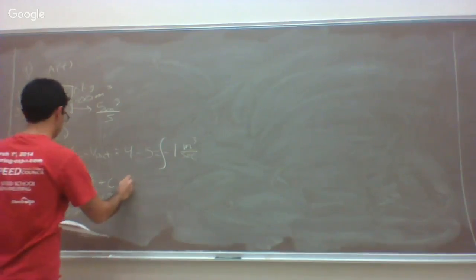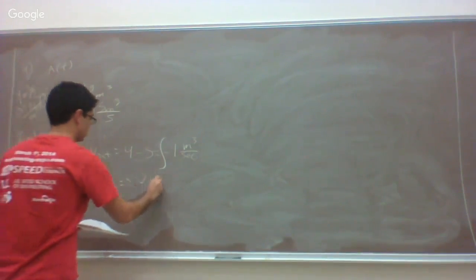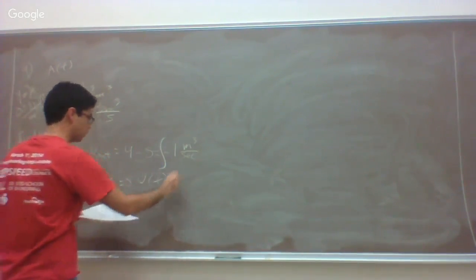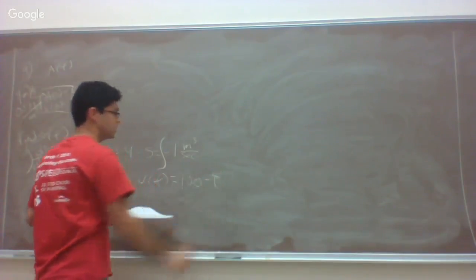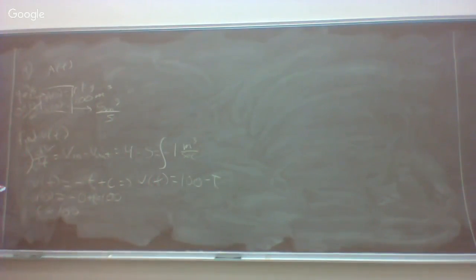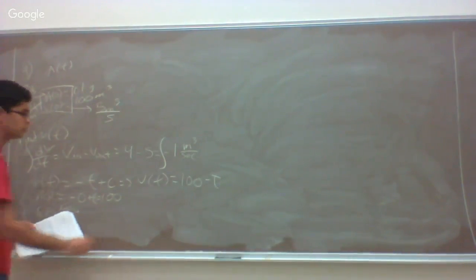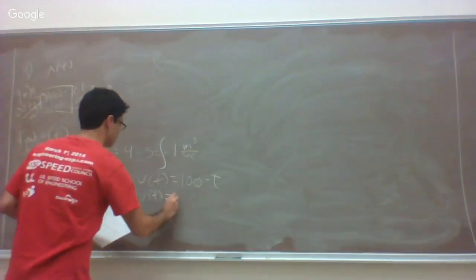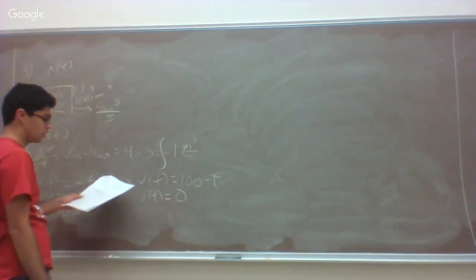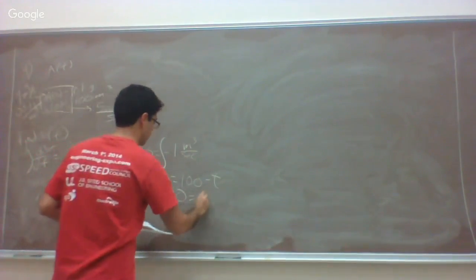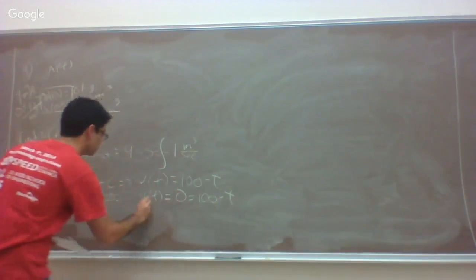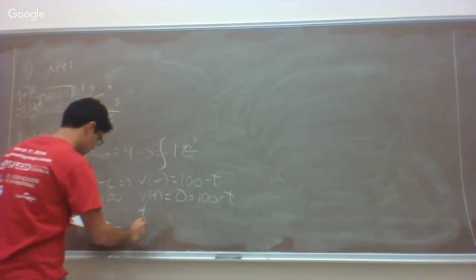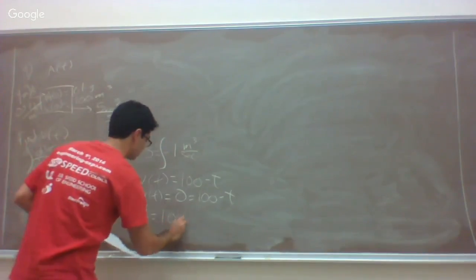My V of t is equal to 100 minus t. They ask us to find when the tank is empty. That means when the volume is empty, so that V of t is equal to 0. That's when we have 0 volume, equal to 100 minus t. So that my time when the tank is empty is equal to 100 seconds.